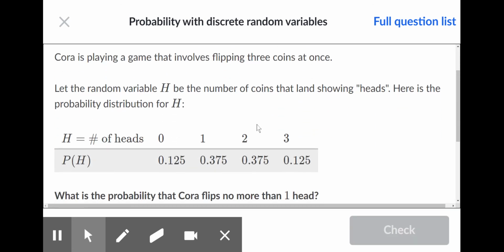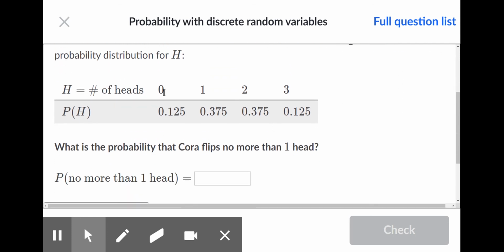I'll do one more. Cora is playing a game that involves flipping 3 coins at once. Let the random variable h be the number of coins that land showing heads. Here is the probability distribution for h. So h is a discrete random variable because you can count the number of heads. So 0, 1, 2, and 3, and those are the corresponding probabilities.